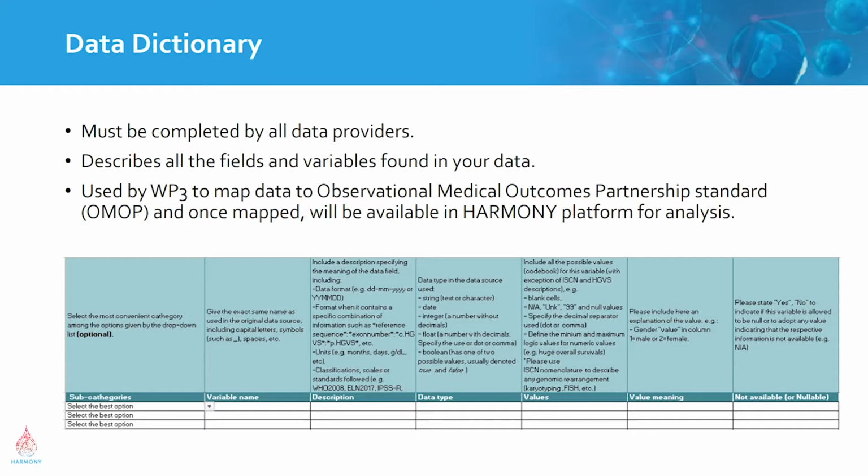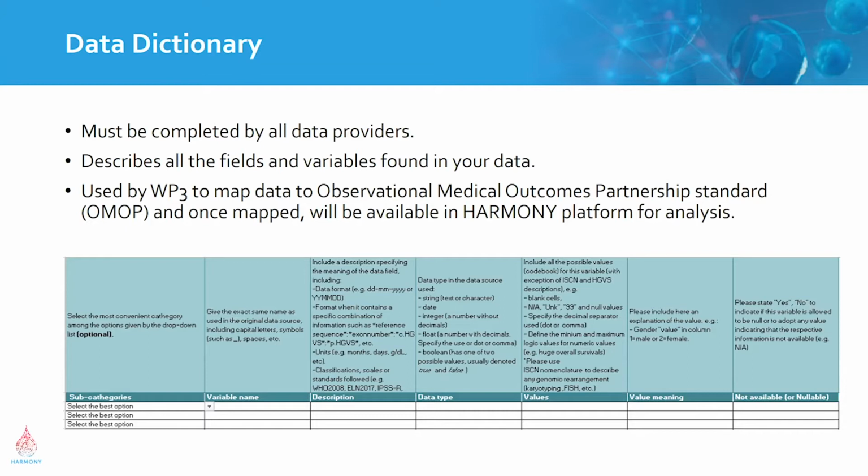So all it does is formalize all those rules about making sure that all the males are coded as 1 and the females are coded as 2. It just formalizes it all into a structure that Harmony can process. So although it is a reasonable chunk of work, it's not that difficult to do. It can be a bit painstaking sometimes, but it is hugely important.